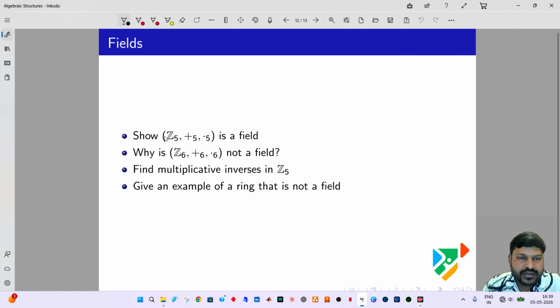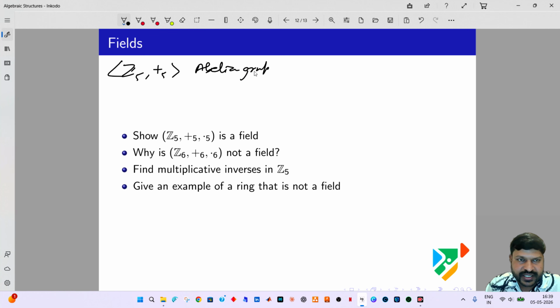Now, next question on field: is Z5 with addition modulo 5 and multiplication modulo 5 a field? That means you have to verify that with respect to plus, it is an abelian group, which we have already seen. What about with respect to multiplication? It should again be a group. So what does this mean?